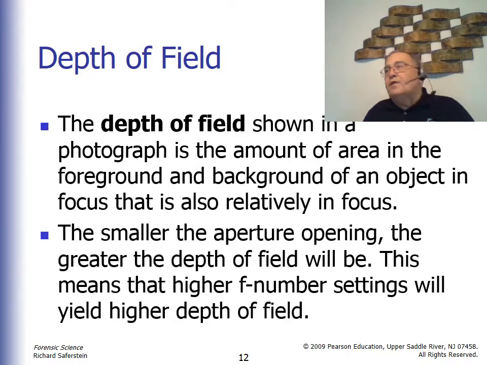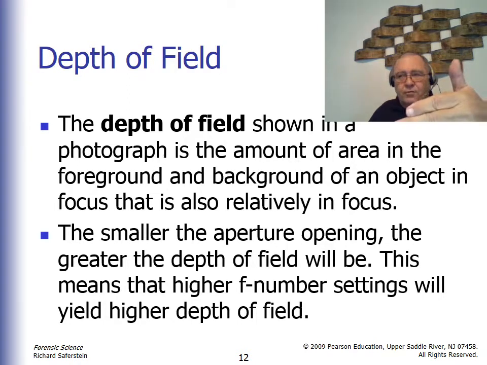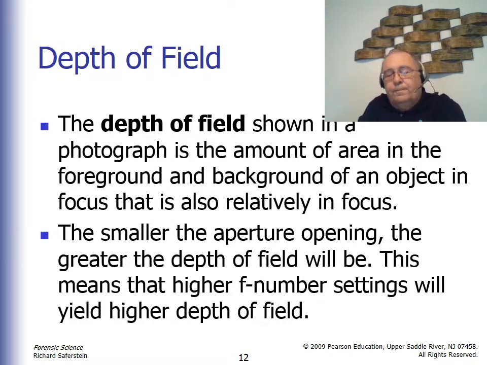Okay, touching a little bit on depth of field. The depth of field is the amount of a photograph that is in focus, from the foreground in front of the object that you're photographing to behind the object you are photographing. How much of that is in focus in the camera is called depth of field. The smaller the aperture, remember, the smaller the aperture means a higher f-stop, the greater the depth of field will be.